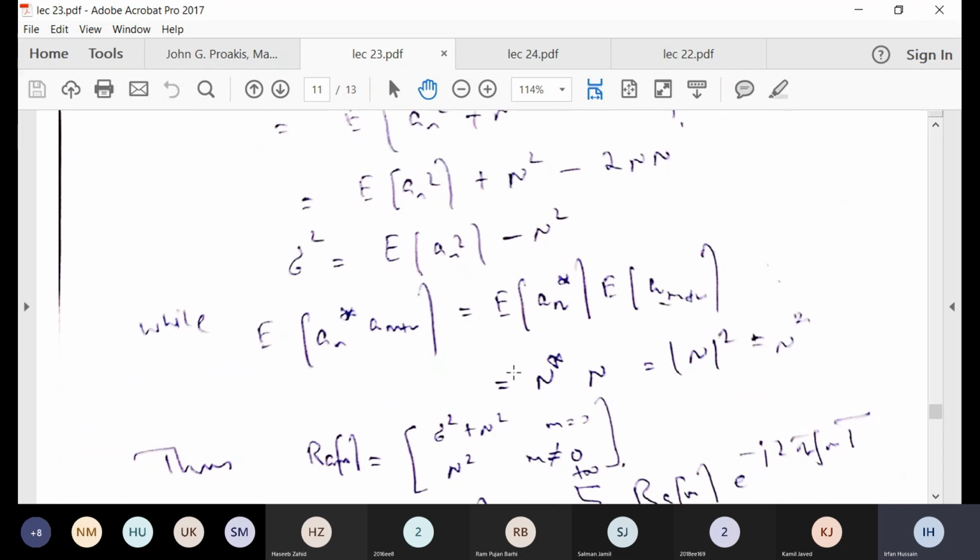Once m is not 0, then in that case they are independent, so I can write them independently. This becomes mu, and this also has mean mu, and so this becomes mu mod square.